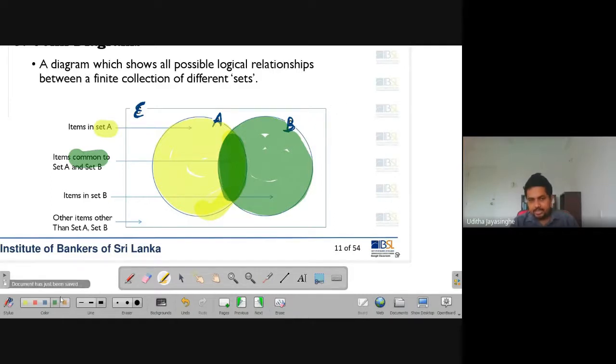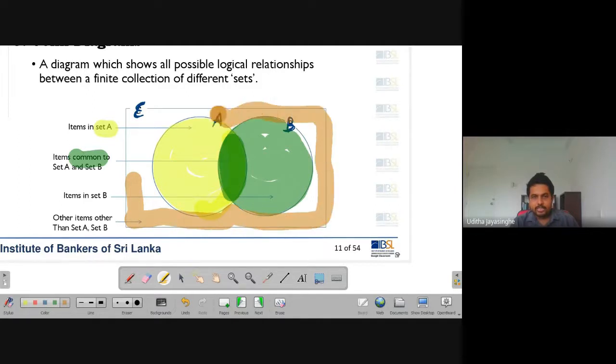Is that all that we can define? Don't forget that there's a huge, vast area which we did not demarcate so far. Sorry, my highlighter is moving a little away from the epsilon set, or the total set.